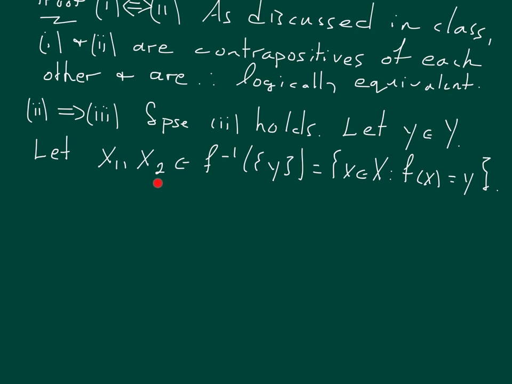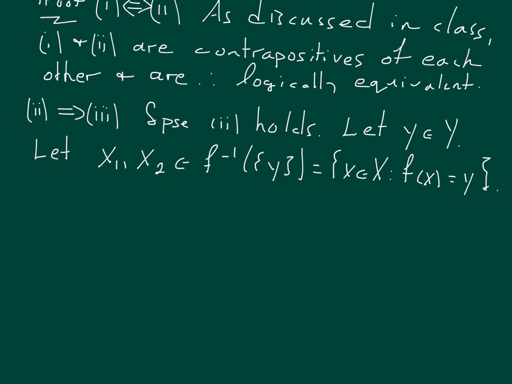Given potentially 2 points, x1 and x2, in here, to show that this set has at most one element, we just need to show that x1 equals x2. Well, we just said that if x1 and x2 lie in this set, then f(x1) must equal y, and f(x2) must equal y.